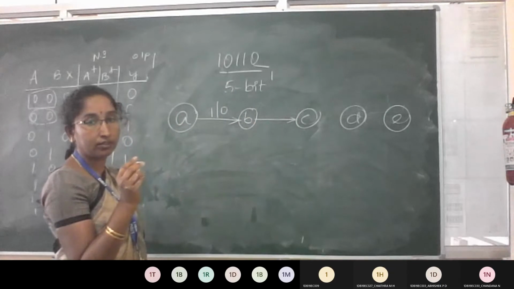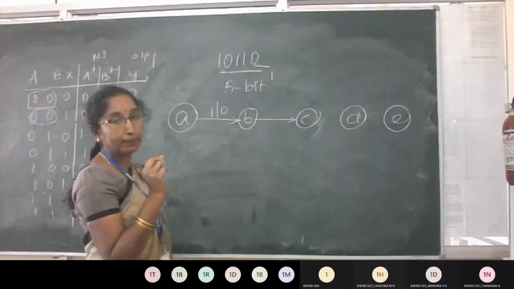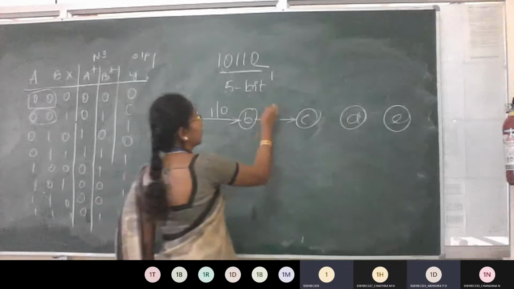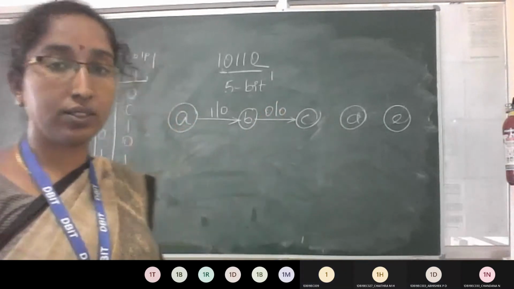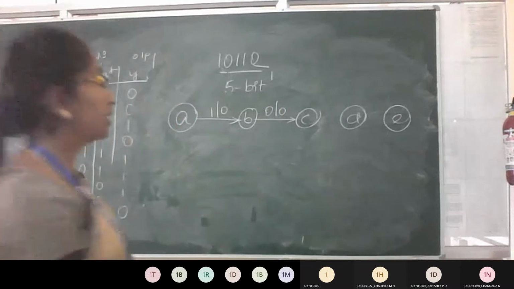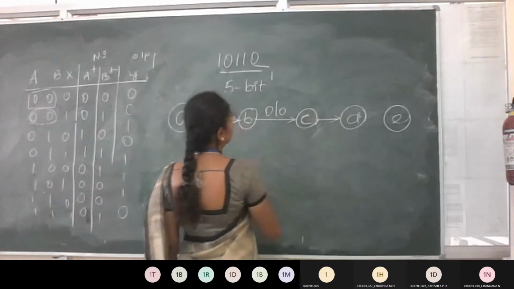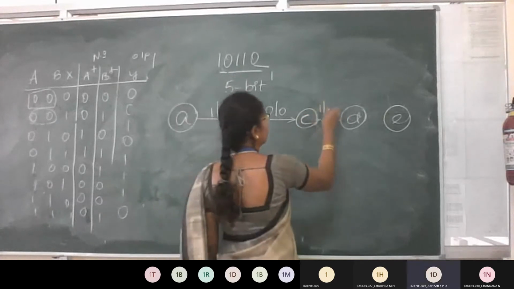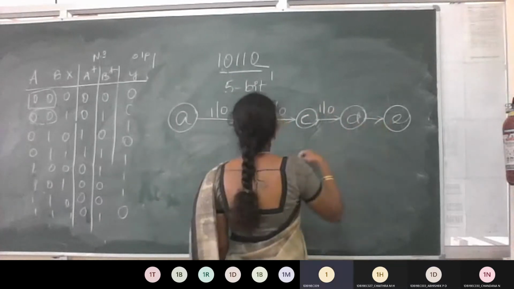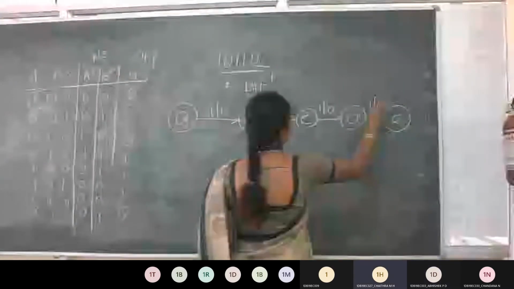Second bit is 0, and the output is 0. Similarly, from C to D, the third bit is 1. Fourth bit is also 1.